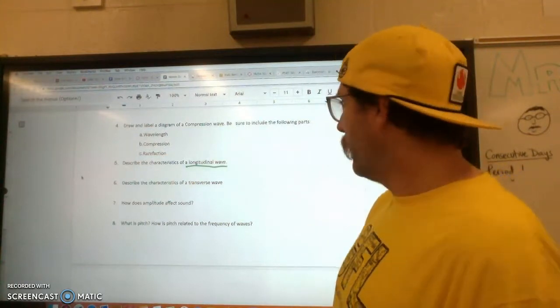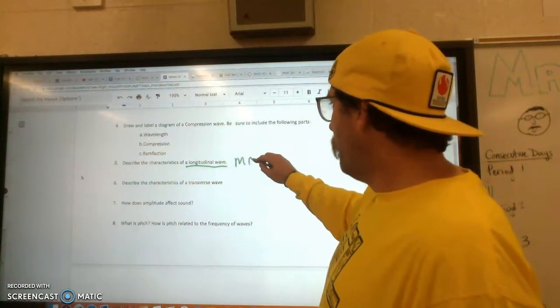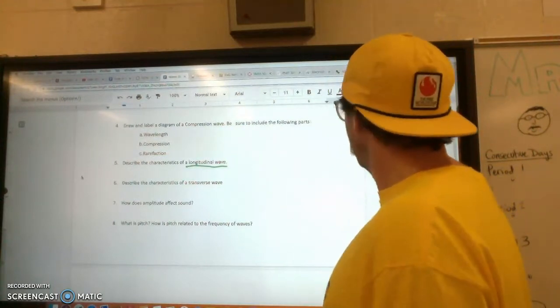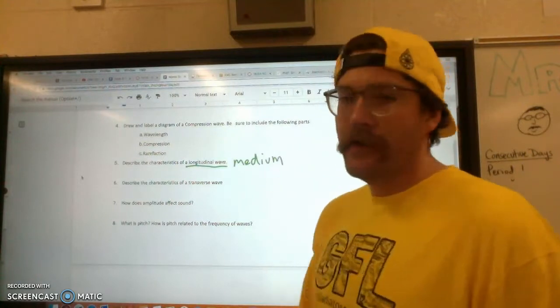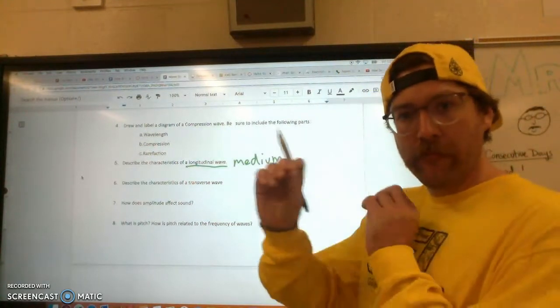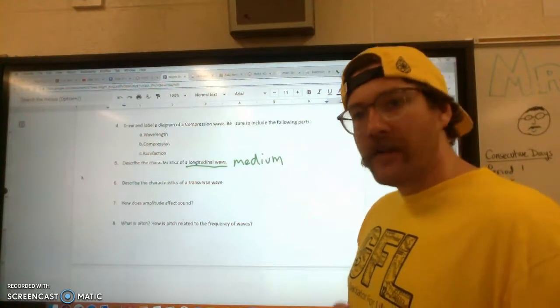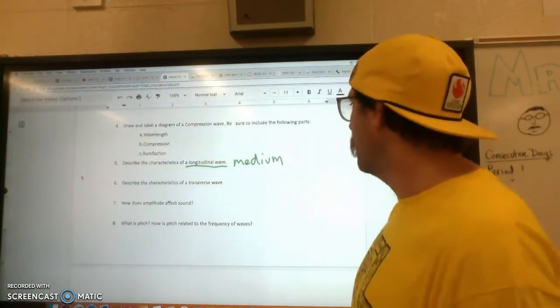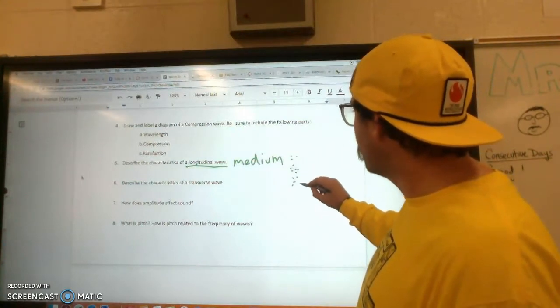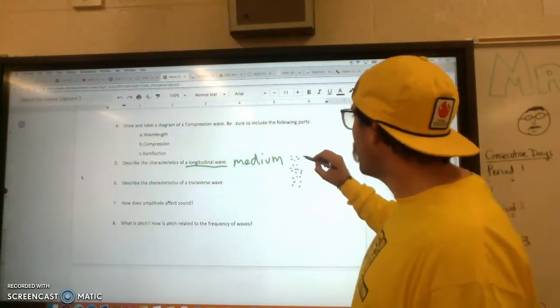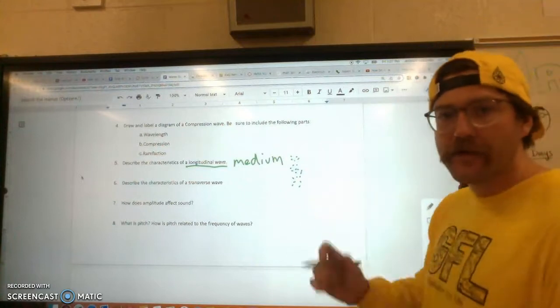A longitudinal wave needs to travel through a medium. It moves by knocking particles into one another. Okay, sometimes it looks like that original drawing where we have lots of air particles or water particles close together. That's our compression.